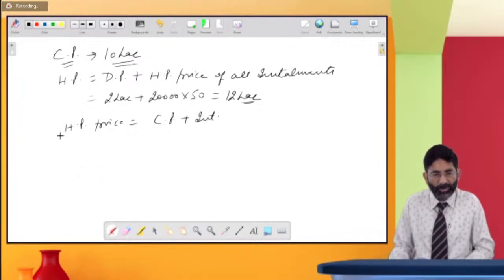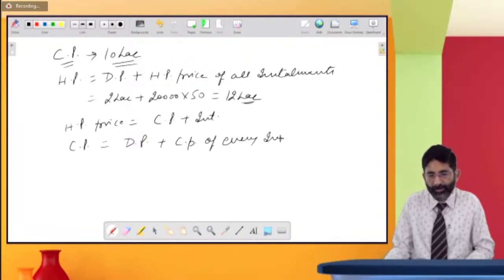Another, we have to discuss cash price. What I meant for the cash price? Cash price is equal to down payment plus cash price of all installments.